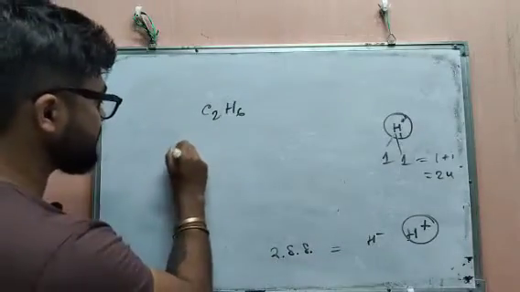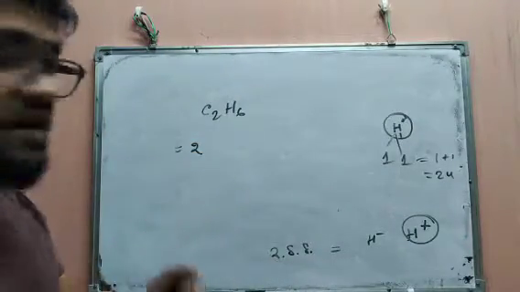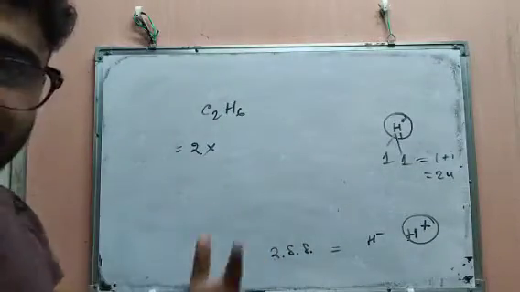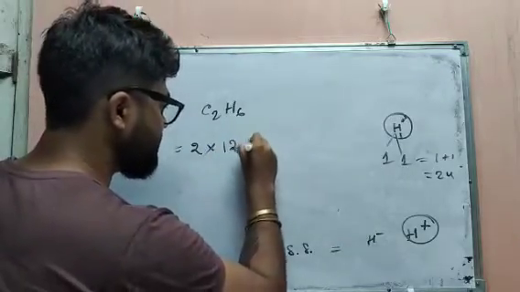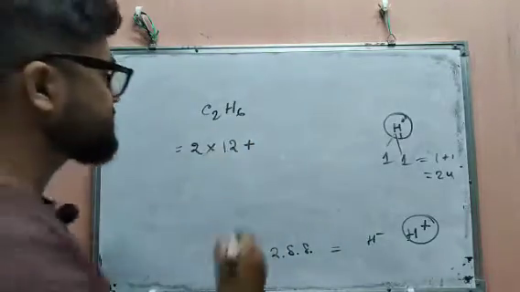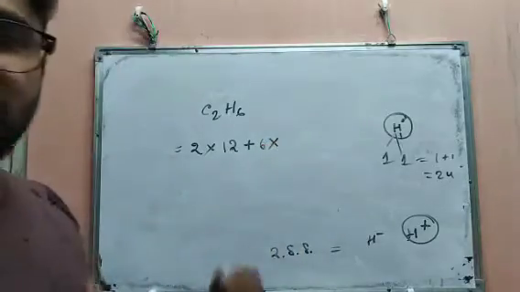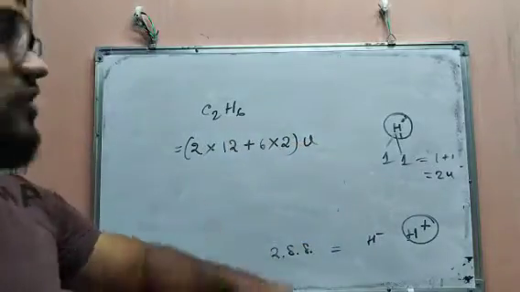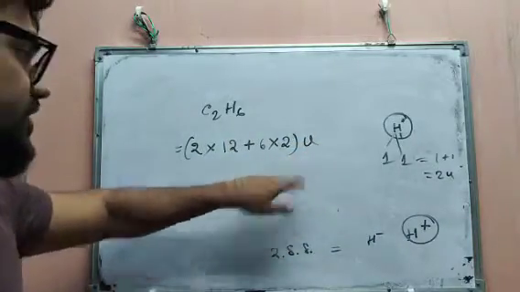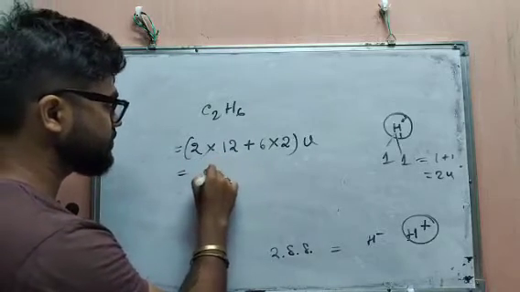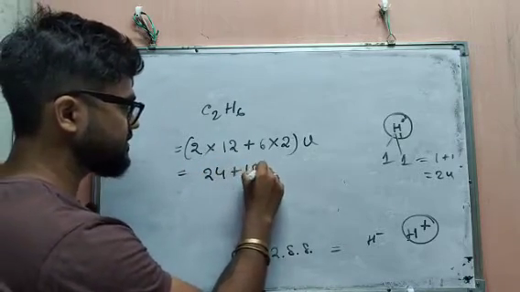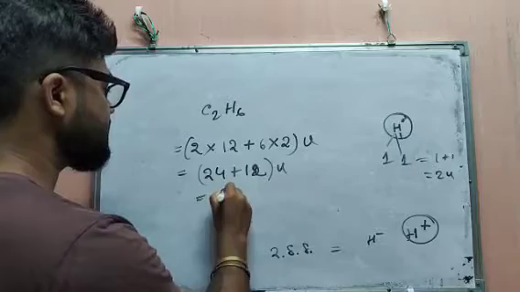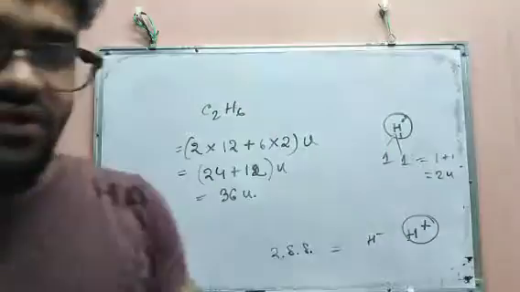There are 2 carbons, so 2 into the atomic mass of 1 carbon, 12, plus how many hydrogens are there? 6, so 6 into the atomic mass of hydrogen, 2, and the unit will be U. So 12 into 2 is 24, plus 6 into 2 is 12 units, equally we will get 36 units, which is our required answer.